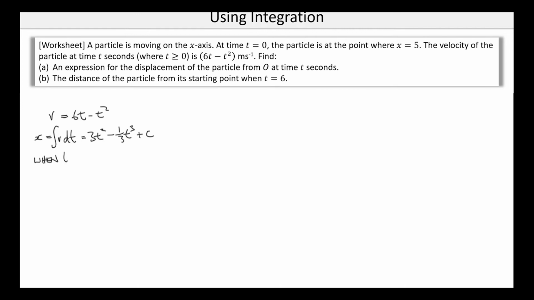We've been given some information. We were told that when t equals 0, x is going to have a value of 5. So if this is the function that helps us to find the x value, we need to substitute t equals 0 and x equals 5.